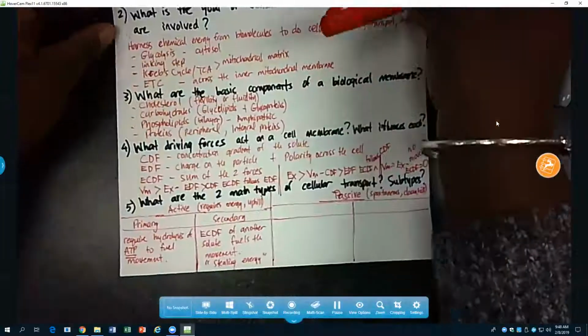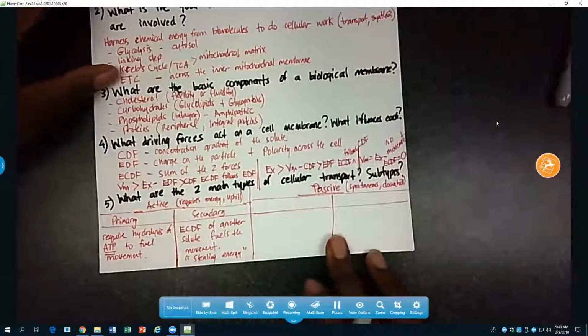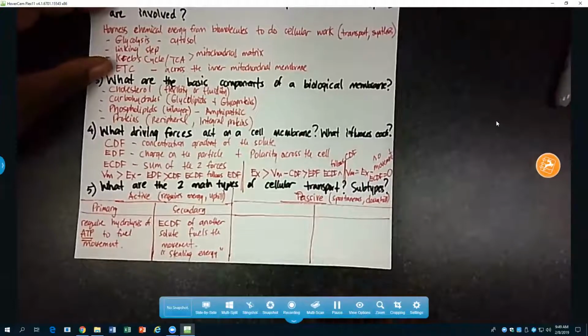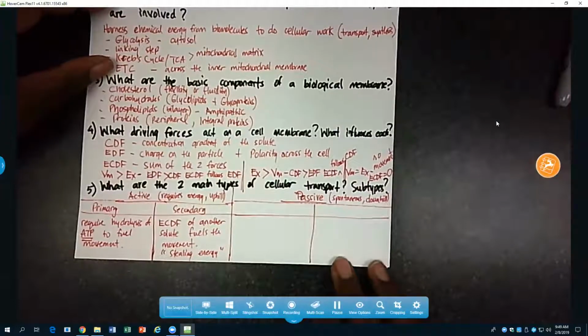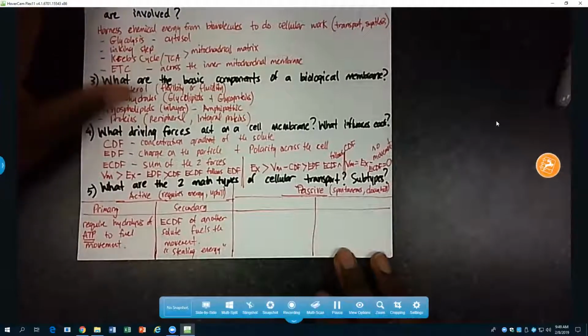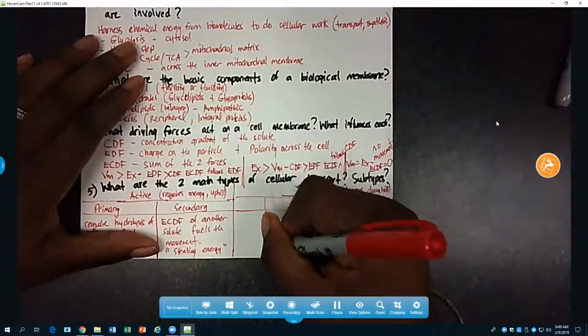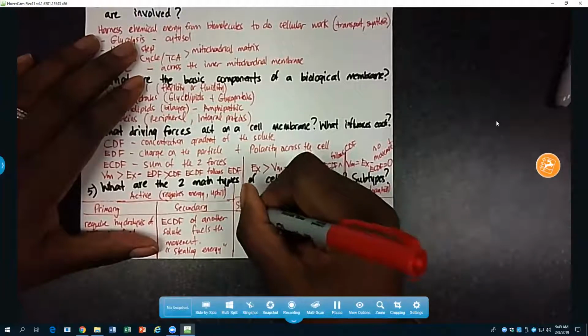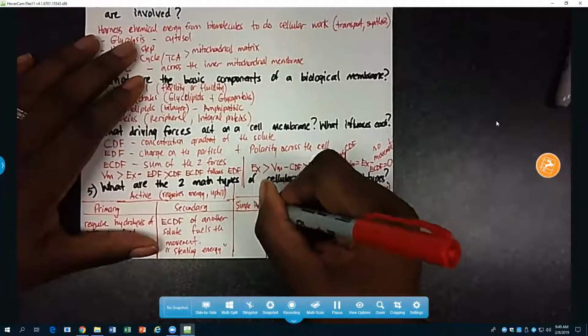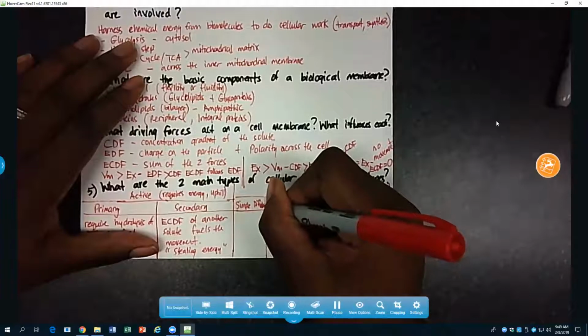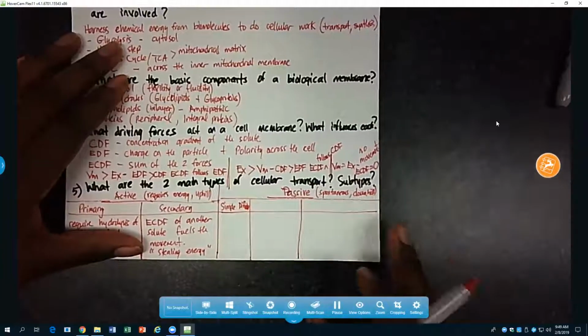We spoke about two subtypes here. Well, simple diffusion is one. Yes, you're right. Let's make a third category here. So there was simple diffusion. What were the other two?